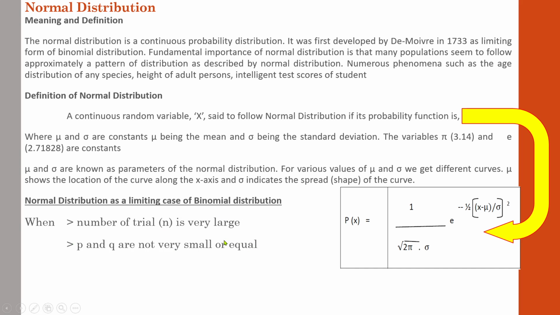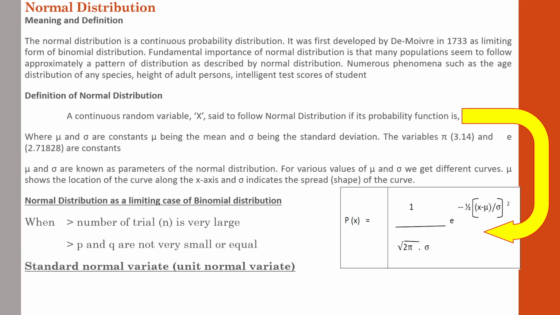These are the two major situations in which normal distribution has to be used, because in these two cases they do not satisfy the properties of binomial distribution. So whenever you are going to study a particular random variable situation or question relating to that, if these two situations arise, that is the number of trials is very large and p and q are almost equal, in that case binomial distribution cannot be used. That is the limiting factor of binomial distribution, and it is overcome with the help of normal distribution.